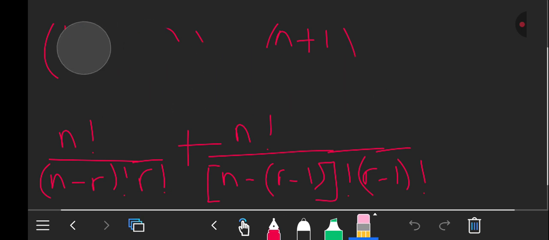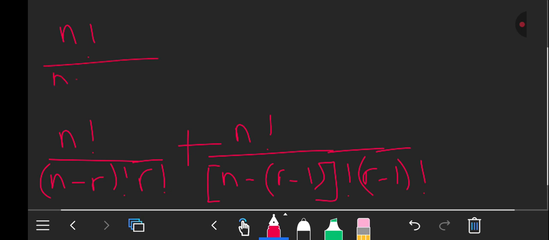So what we are going to do at this point now, we are going to say n factorial over n minus r factorial plus n factorial over n minus (r minus 1) factorial.